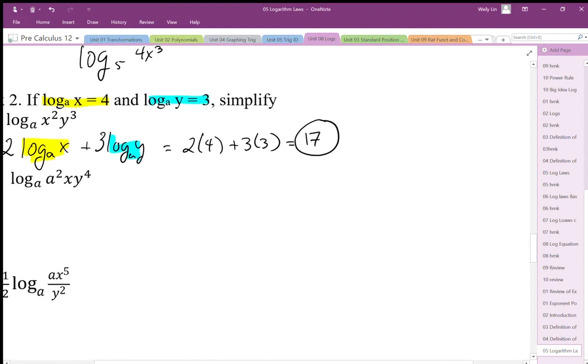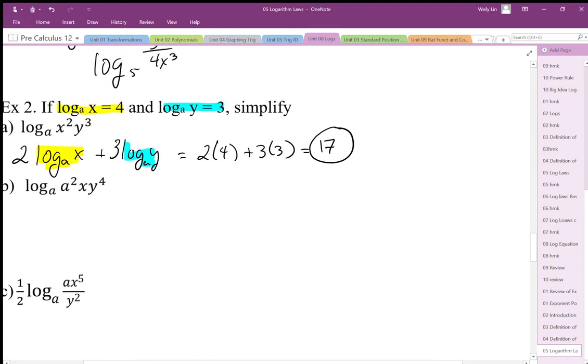Now we can get this exact same solution this way. And I prefer you doing it with logs, but anything with logs can be done with exponents. So I'm going to redefine this. The log I'm going to define as an exponent, and this other log I'm going to define as an exponent as well.